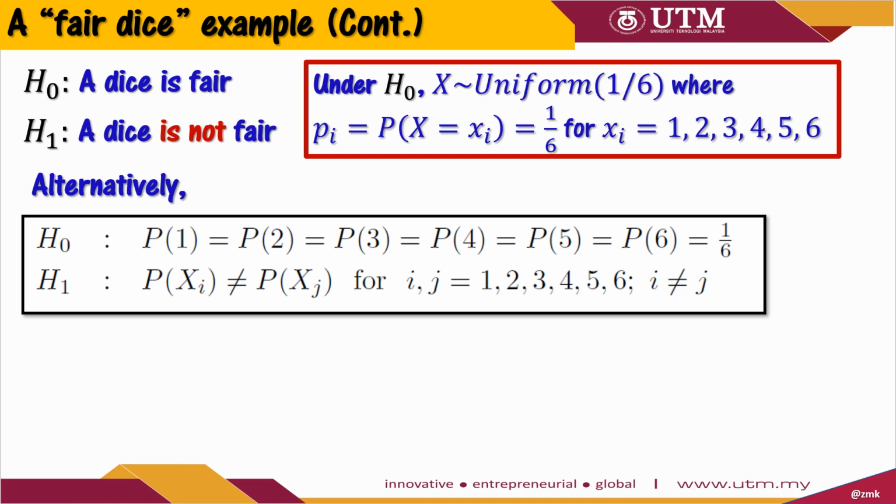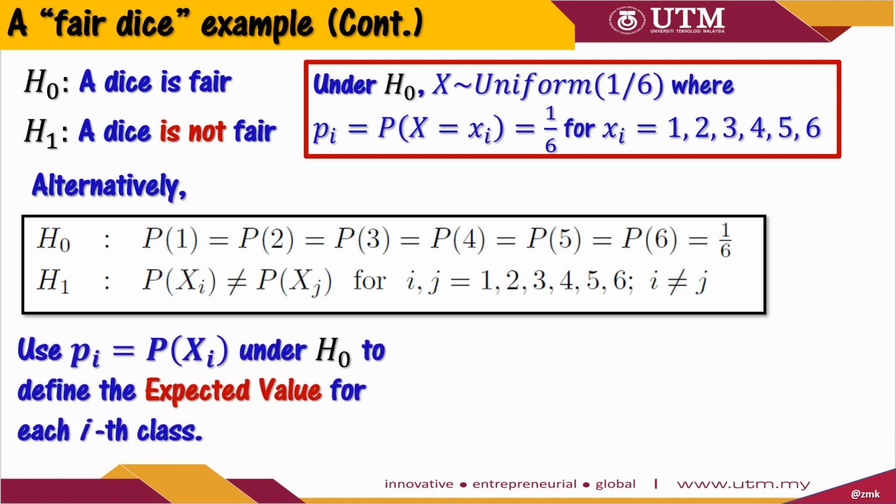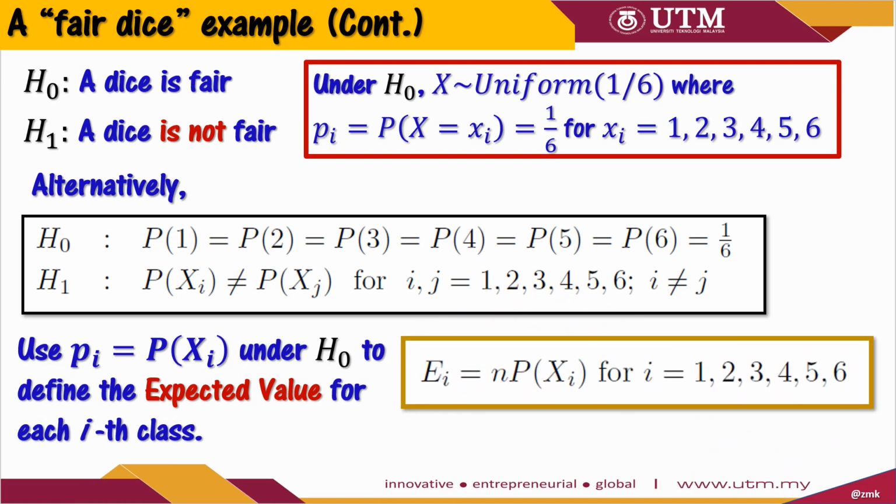Since we know the probability for each value of X, that is, we know pi under H0, we can then use this value pi to define and calculate the expected value Ei for each ith class by multiplying the sample size n, or the total frequencies, by pi or P(X=xi) for all i equal to 1, 2, and so on until 6.